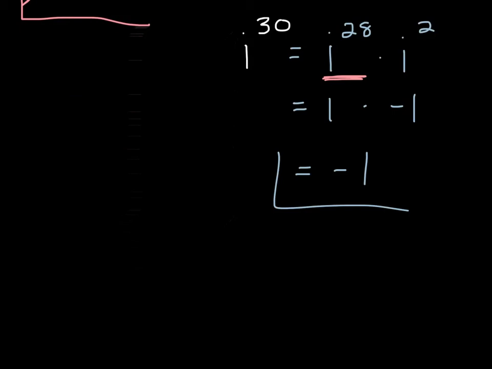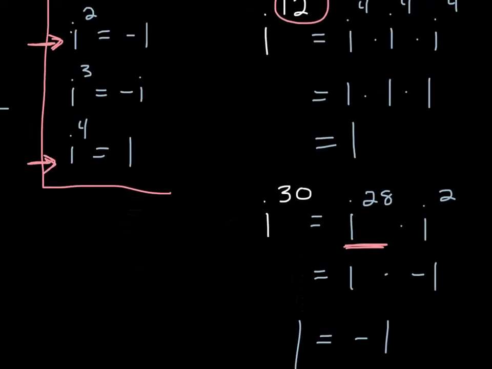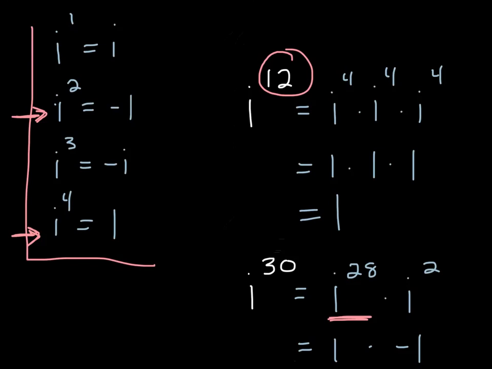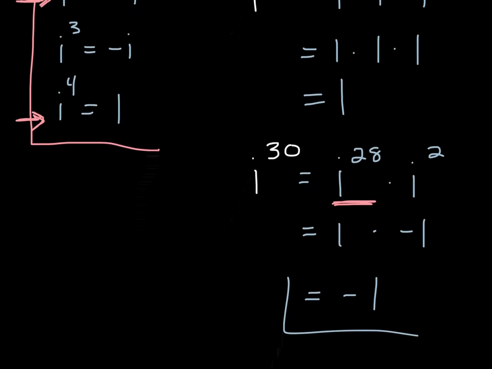Again, big picture, what we do is we take whatever power we have of i and find the biggest multiple of 4 less than it. That i to whatever multiple of 4 is, in this case the 28 or 12 in the above case, by itself just becomes 1.